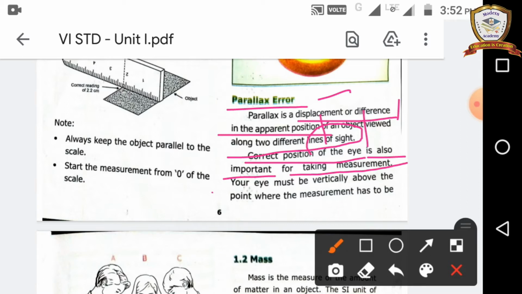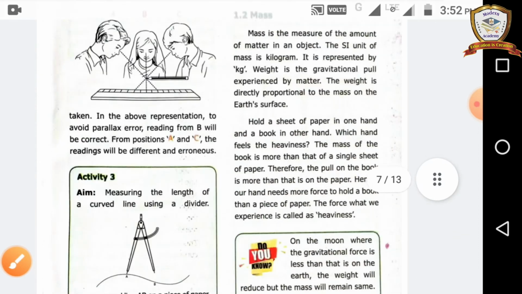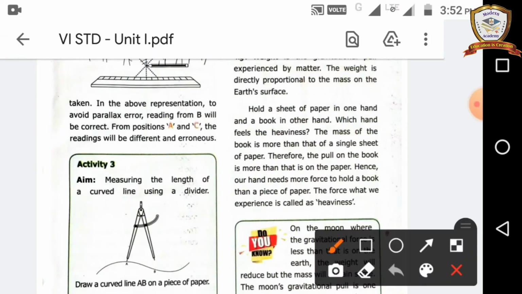Your eye must be vertically above the point where the measurement has to be taken. Move to next page. In the above representation, to avoid parallax error, reading from B will be correct. From positions A and C, the readings will be different and erroneous. Erroneous means error, right?